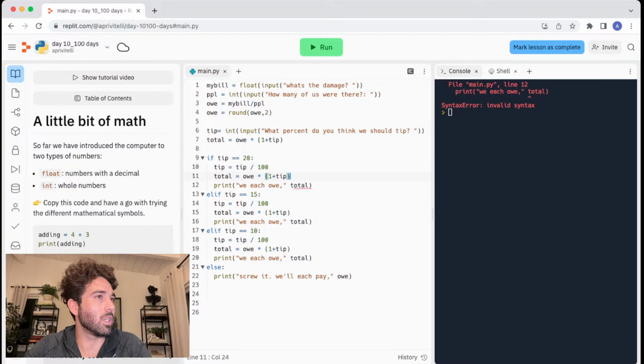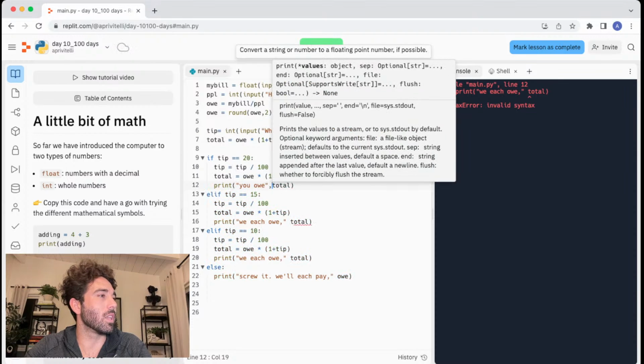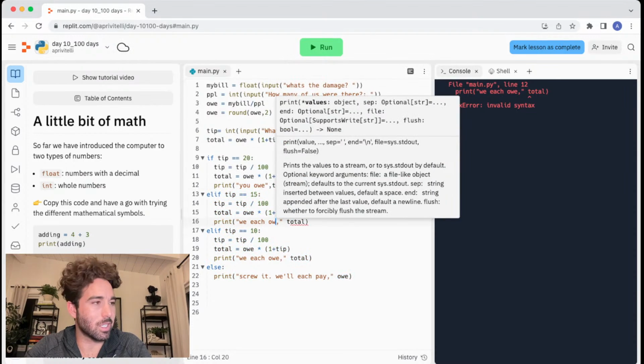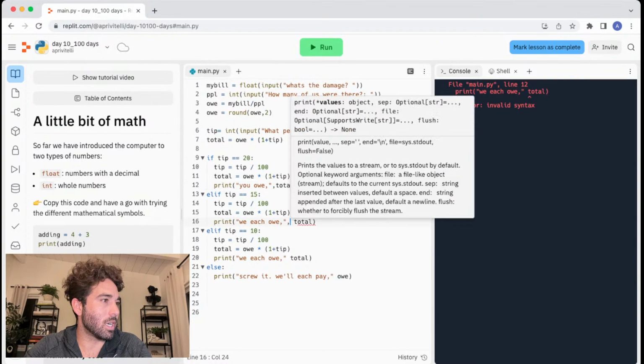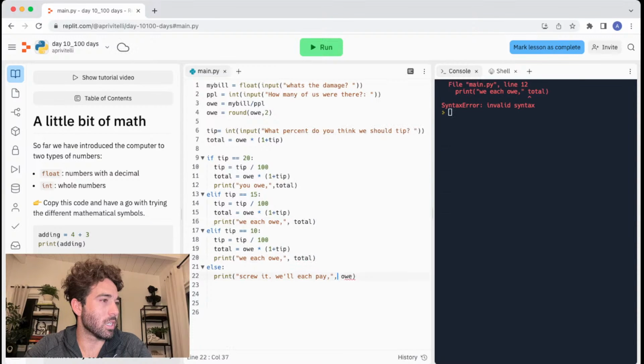We each owe total. Oh, that's why. The comma is outside. We each owe. That's why. Aha! There we go.